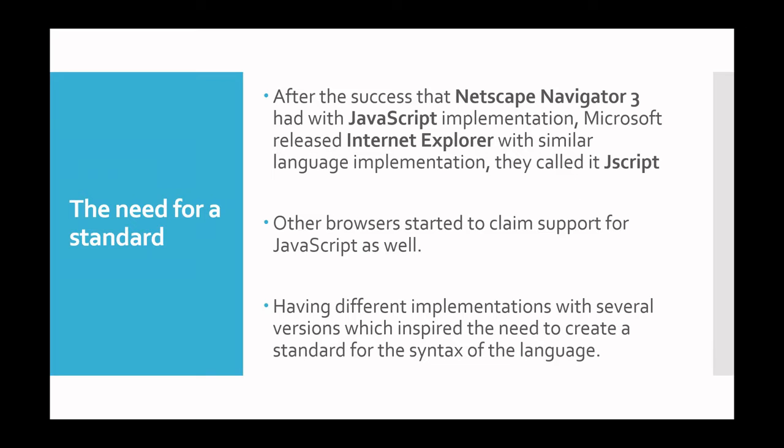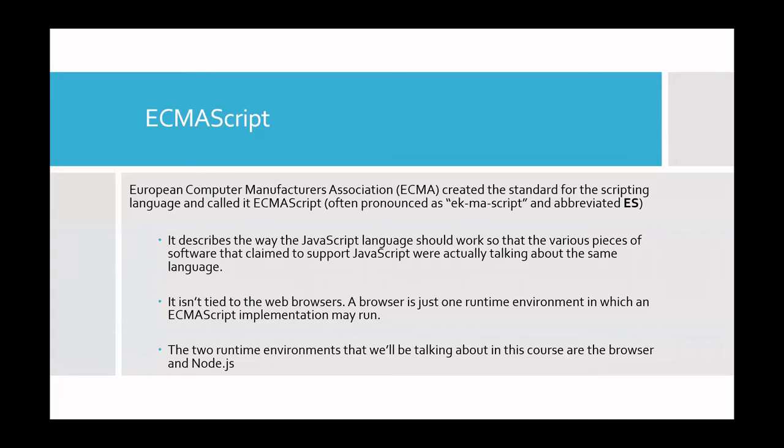Other companies started to join as well with their own versions, claiming that they support the JavaScript language. Again, just like when the internet started and popularity mandated a standard, that happened with JavaScript. Everybody had a different version claiming to support JavaScript.